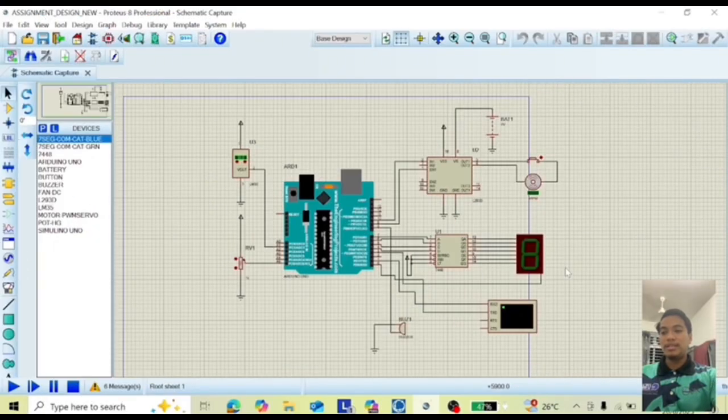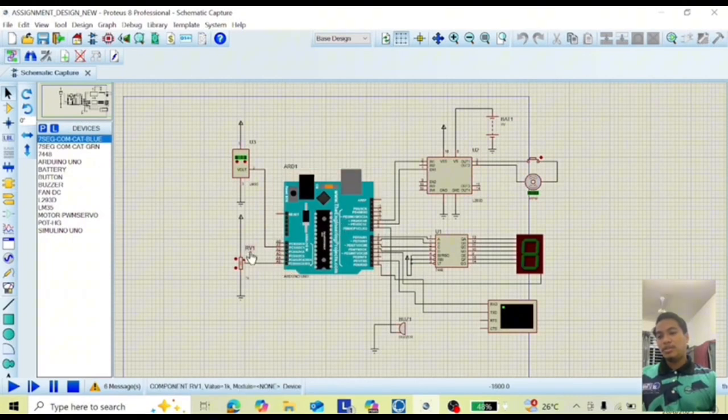So my part is simulation and result for this assignment. Okay, so firstly, I want to introduce our equipment in this assignment. I use a temperature sensor to monitor the temperature in the motor, and I connect the temperature sensor to pin A1 in the Arduino.